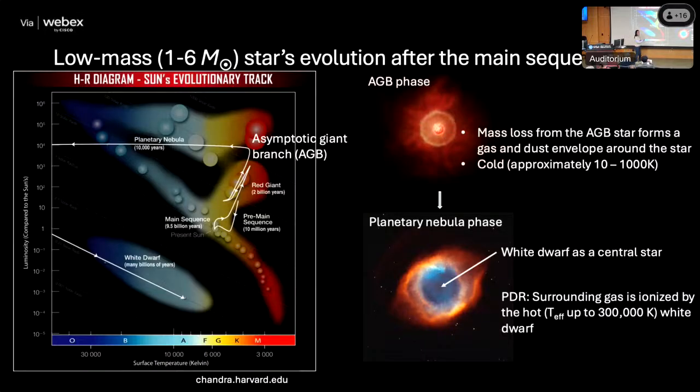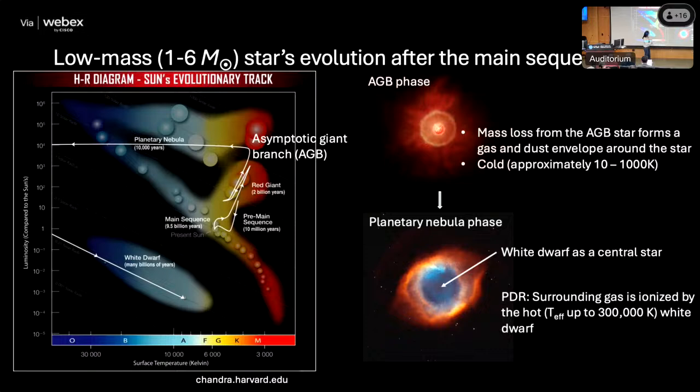Once these AGB stars stop the nuclear fusion, they evolve into the left side, the high temperature regime, and go into the planetary nebula. The central star of the planetary nebula is typically a white dwarf, and this white dwarf can emit a significant amount of UV.